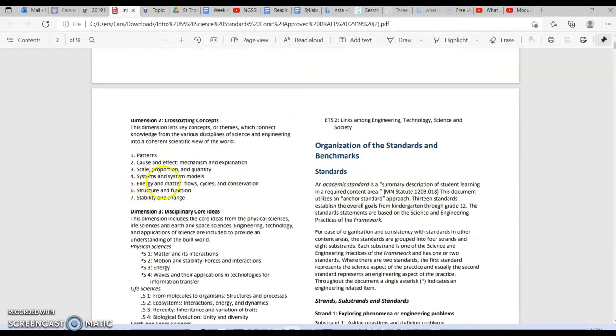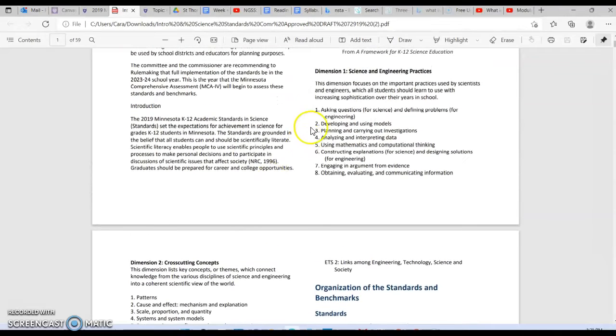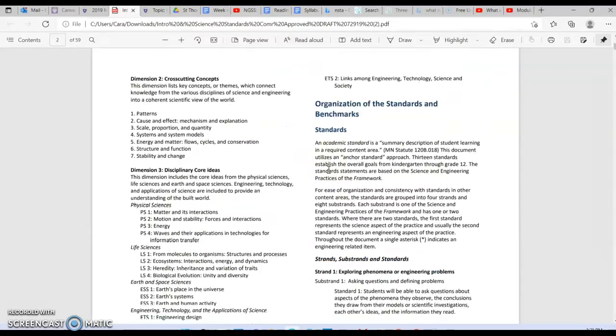So it's focused on energy and matter. And then disciplinary core idea, I think it was PS3. So in order to read these 2019 standards, you really need to have this little mystery decoder ring with the 3 dimensions and the different numbers.